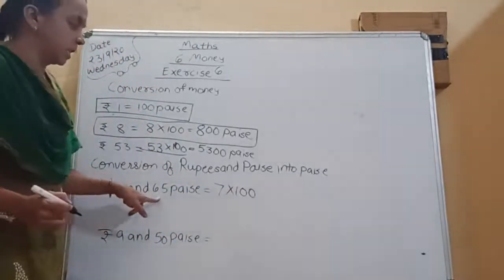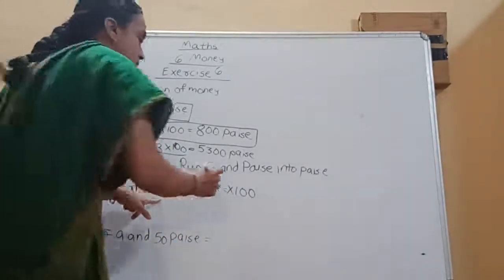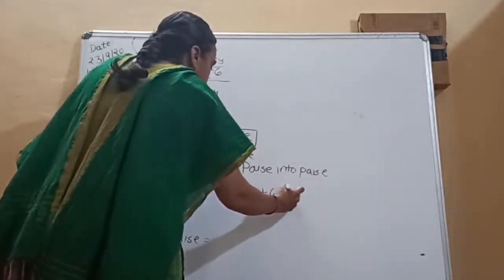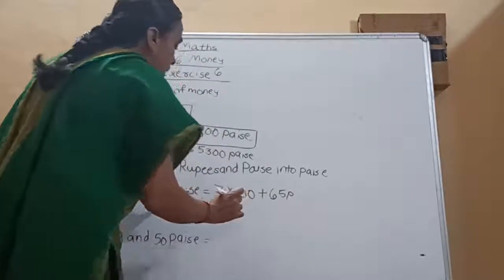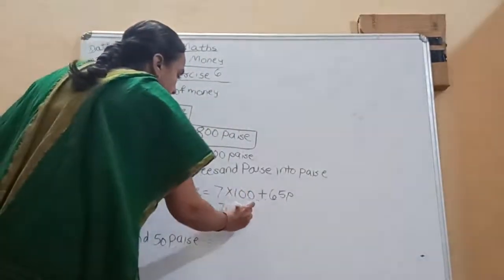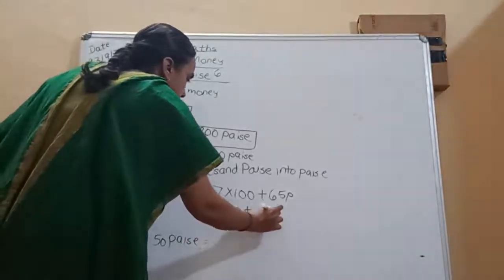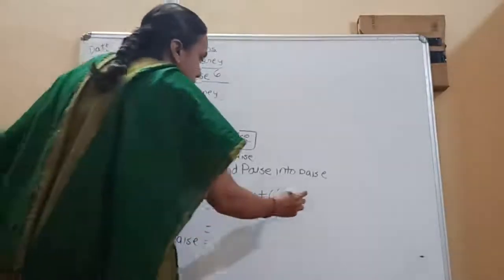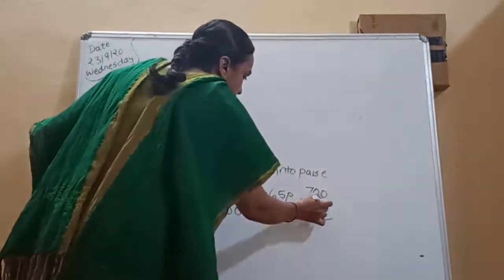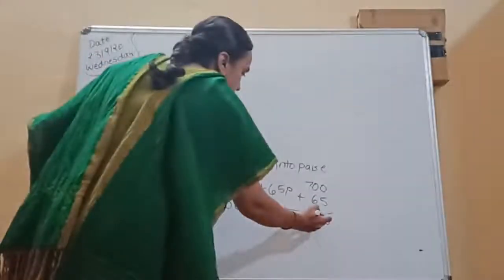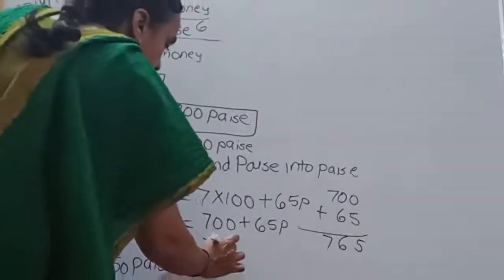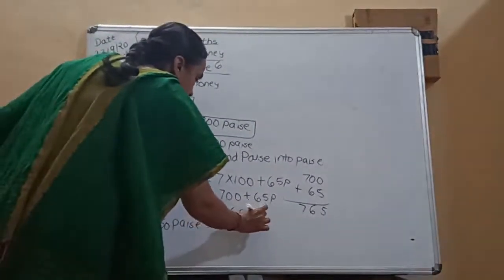And what is given here? 65 paise. So 100 multiplied by 7, 700 plus 65 paise. So 700 plus 65. 5 plus 0, 5. 6 plus 0, 6. This 7 as it is. So what is the answer? 765 paise.